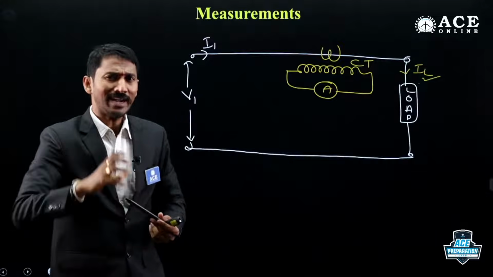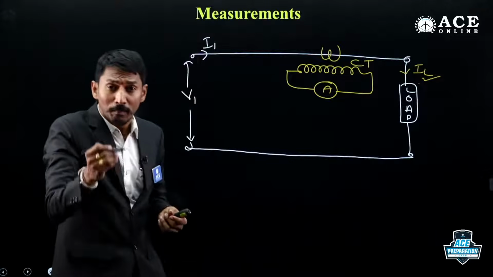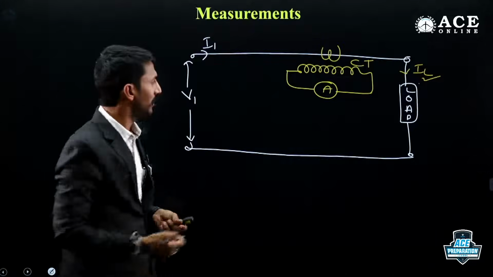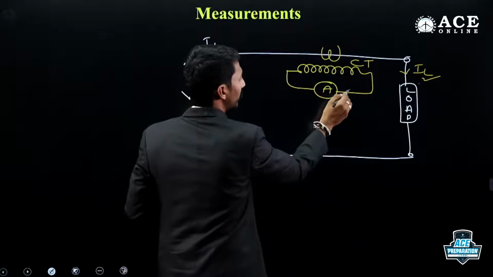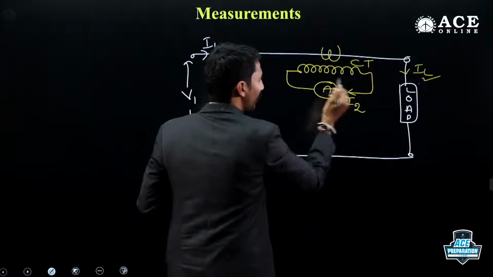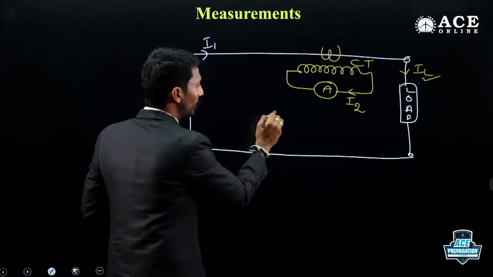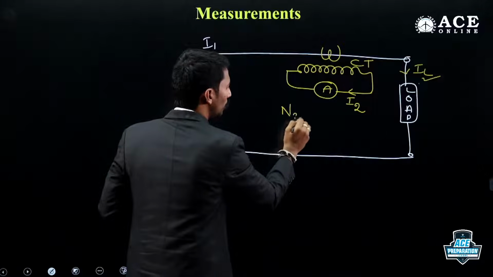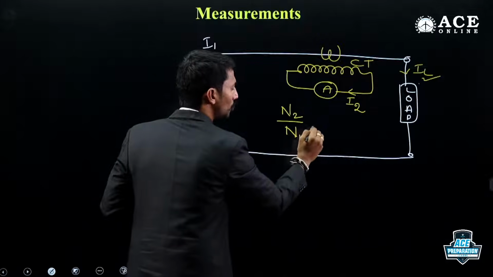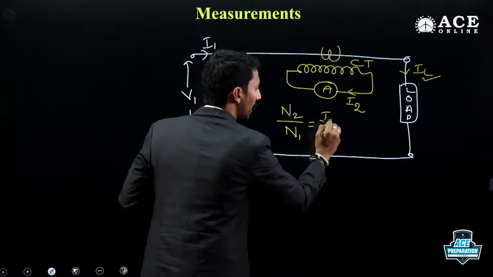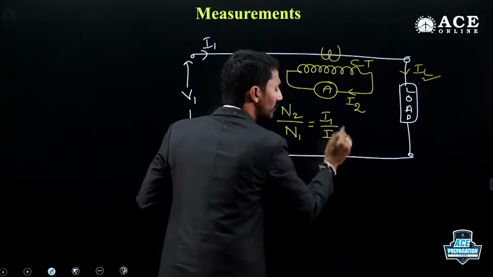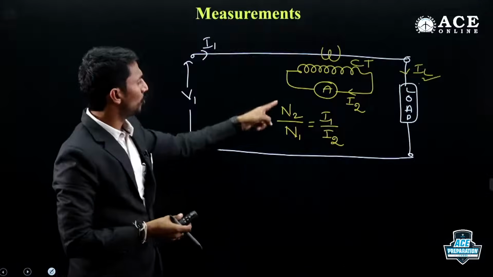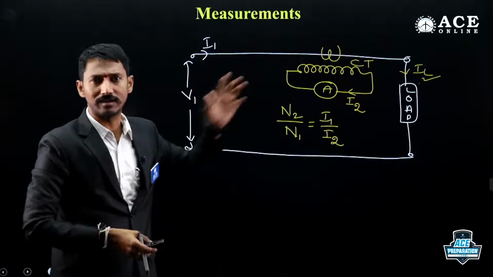But sir, what can be the confusion? Many people are asking the doubt: this is I1, this is I2. What is the calculation, guys? The calculation will be N2 by N1 is equal to I1 by I2. This is the general turns ratio, N2 by N1, and the corresponding current relation.